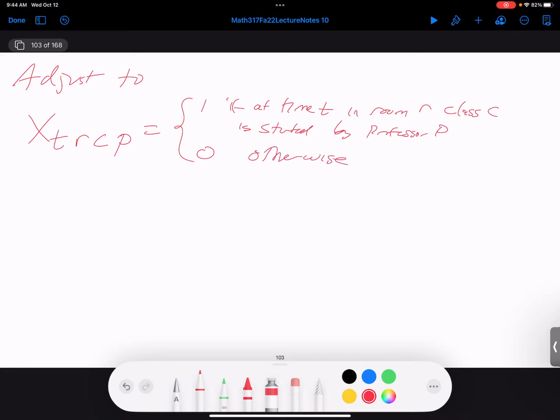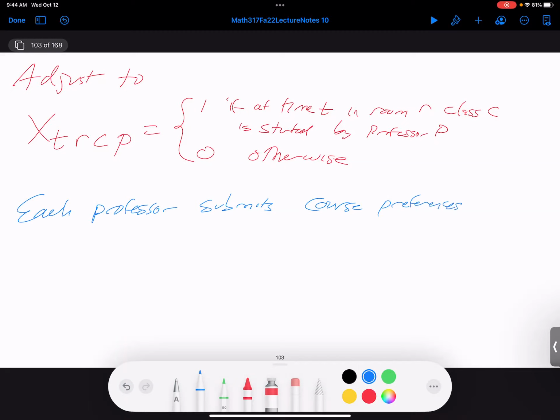And now what might happen is we might have parameters as inputs. So for instance, each professor submits course preferences.